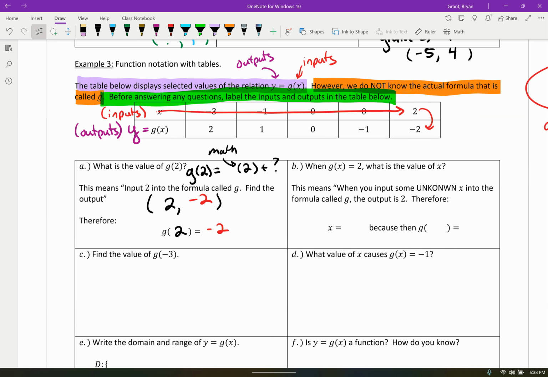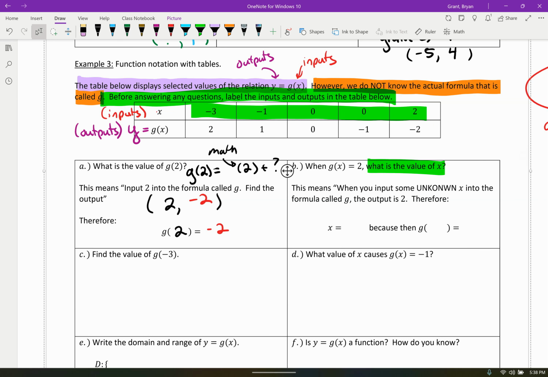Okay, let's try the next one. When g of x equals 2, what is the value of x? So right away, they said, what's the value of x? Where are your x values? They're at the top. They don't know which x value it is, but it's going to be one of the 5 of those. They told us that g of this unknown x value gives you an output of 2, an answer of 2.